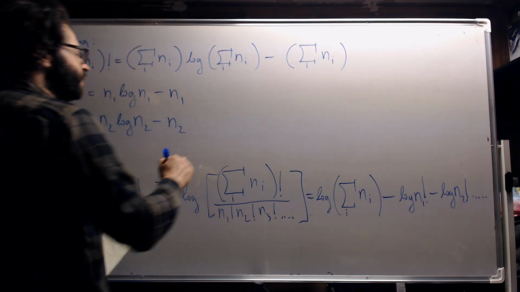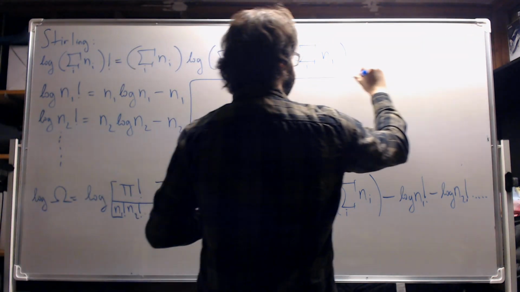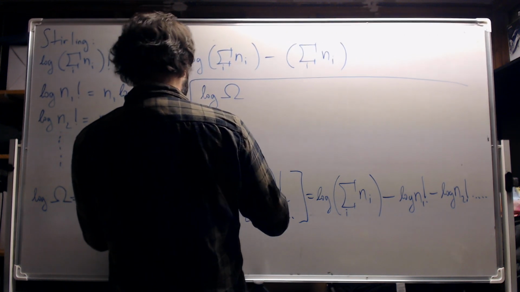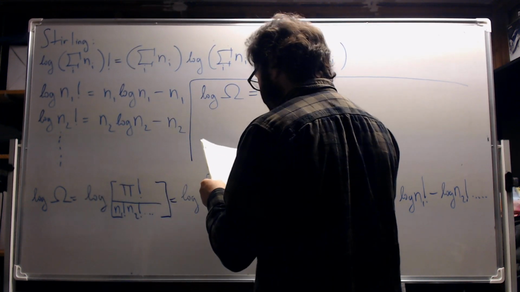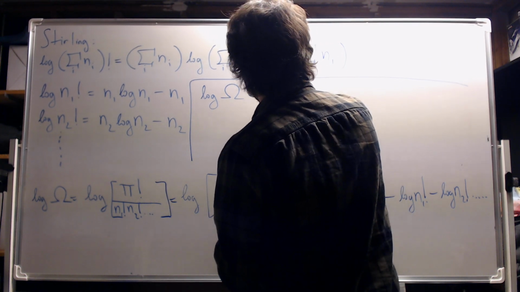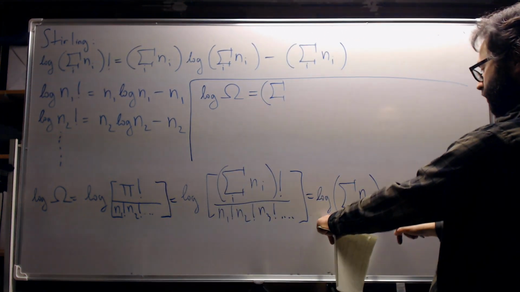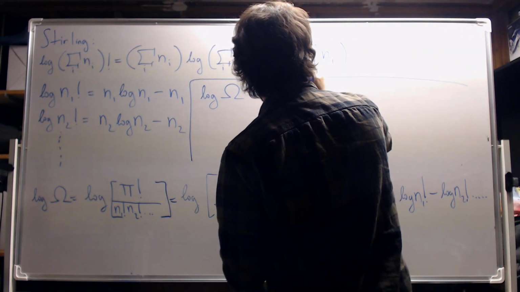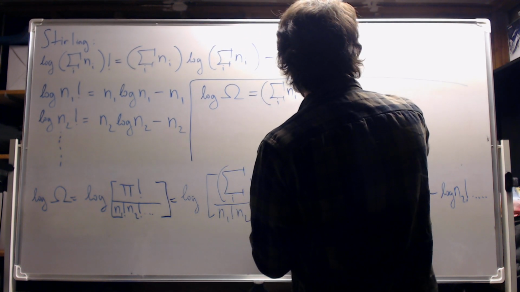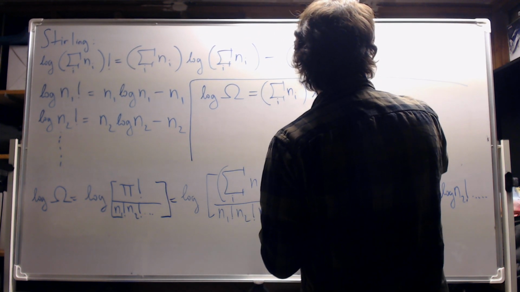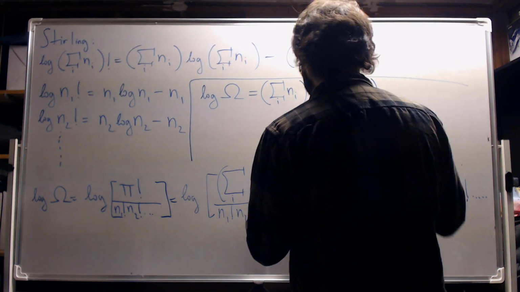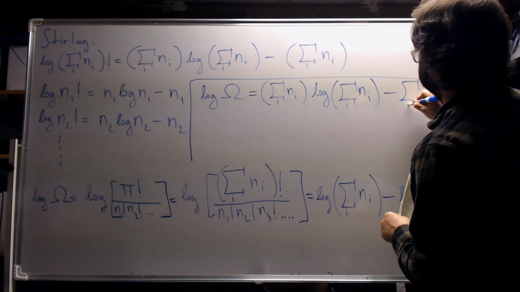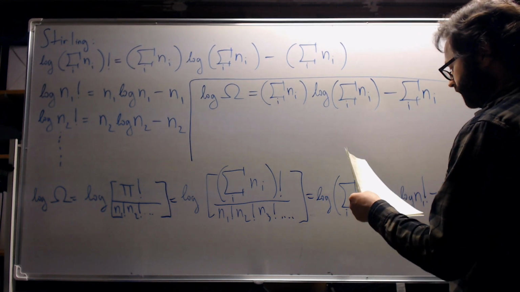So now we can put it all together. We can say that log of omega, having applied the Stirling approximation to each of these terms, is equal to the sum over ni times log of the sum over ni, minus the sum over ni.